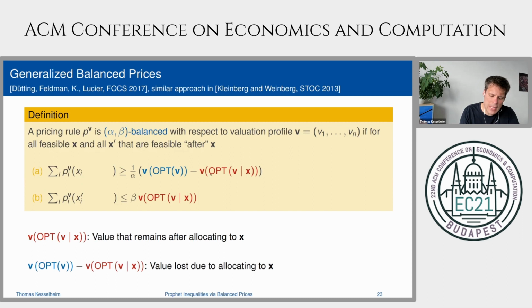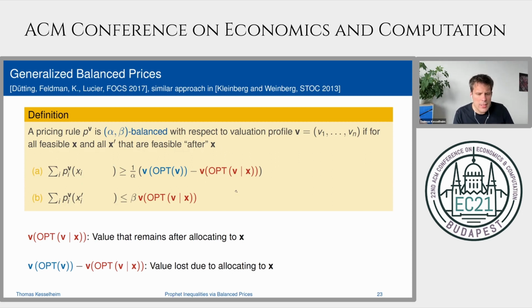OPT(v) given X is the optimal welfare that can still be obtained after having allocated X. And whatever people are paying when they are buying X should cover the loss in welfare this way. But on the other hand, when people are buying X prime, this should be no more than the value that is still remaining after X has been allocated. So recall that X prime is an allocation that is still feasible after X.